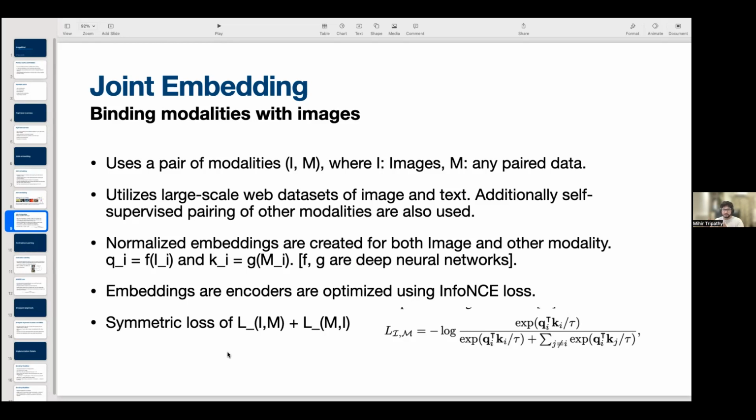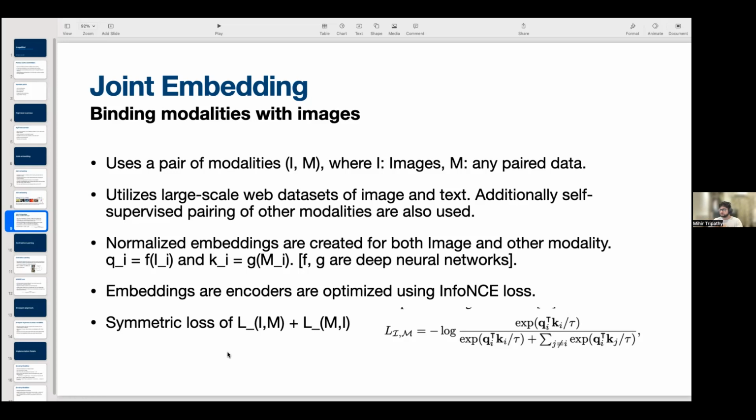The main thing that this requires is there should be images to go through it. And then these embeddings are normalized, and then they're optimized using the InfoNCE loss.